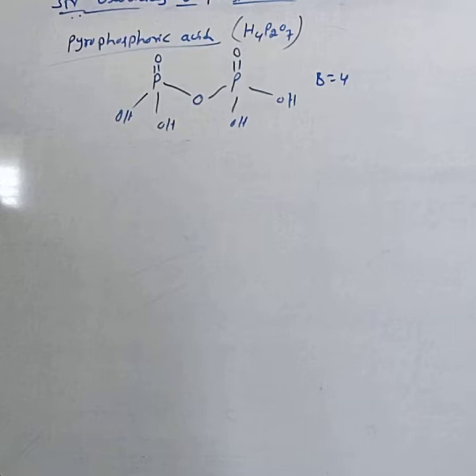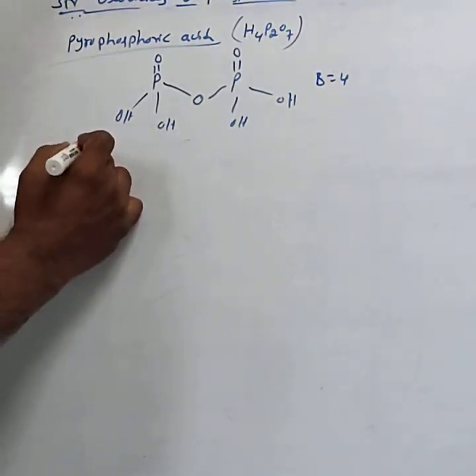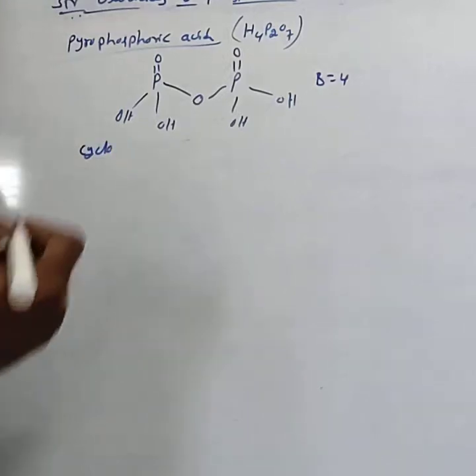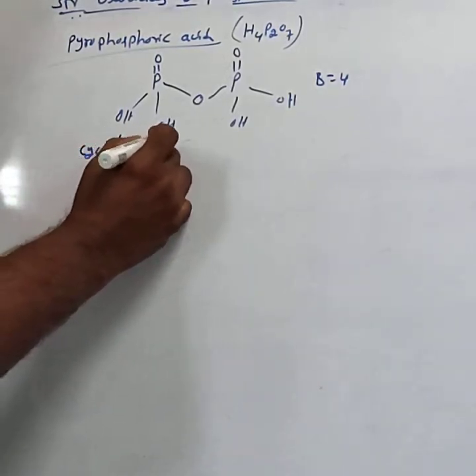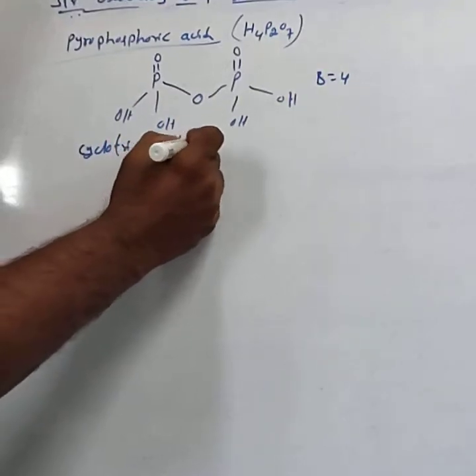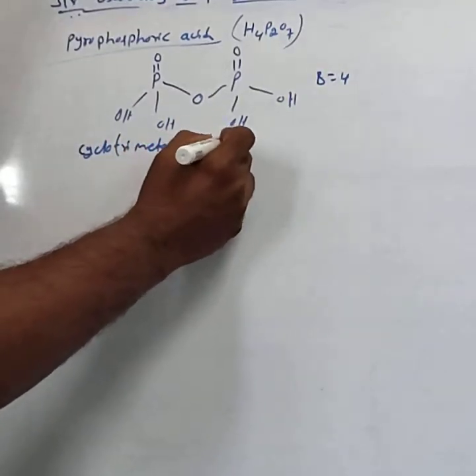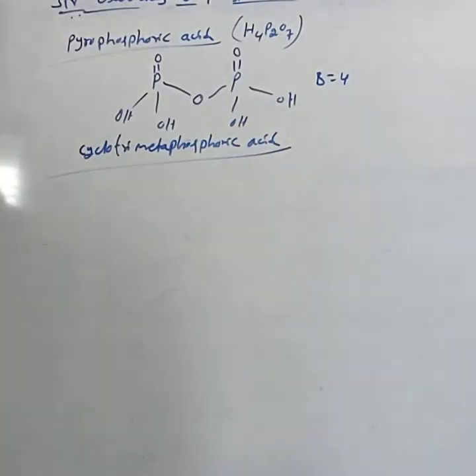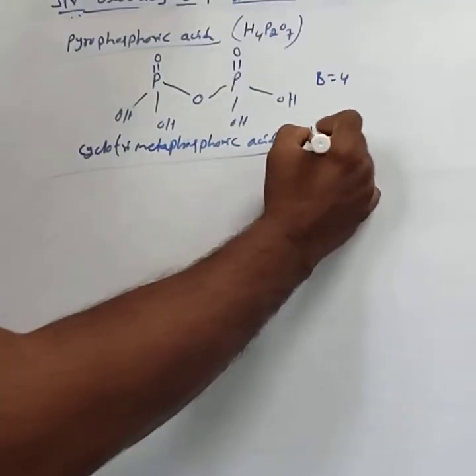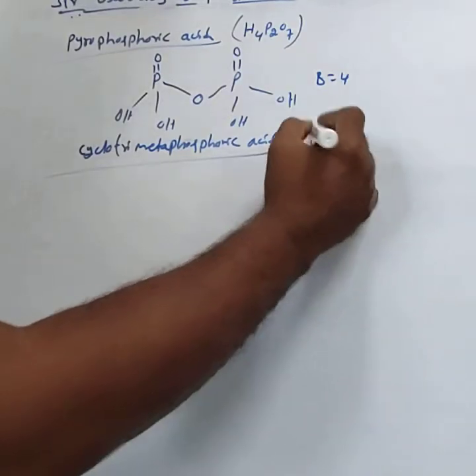Then you can consider cyclometaphosphoric acid, trimetaphosphoric acid, that is (HPO3)n.